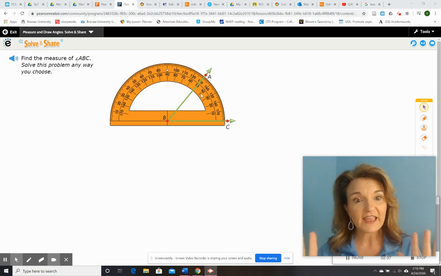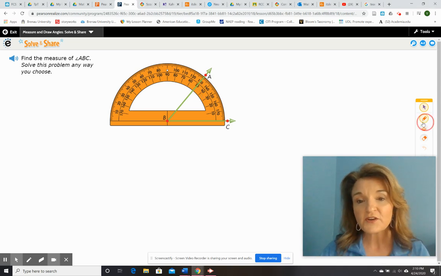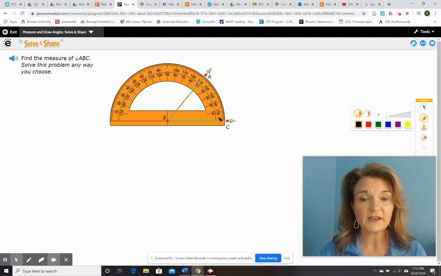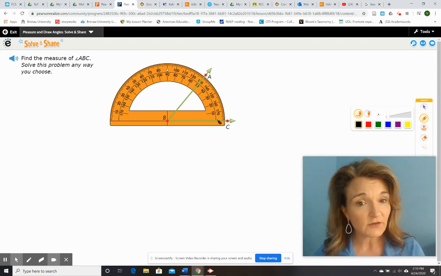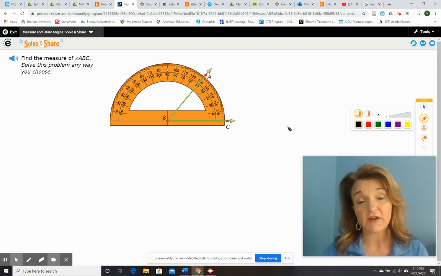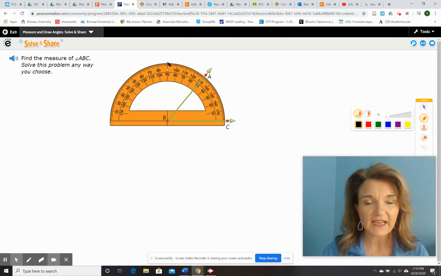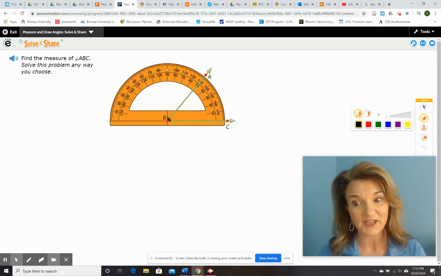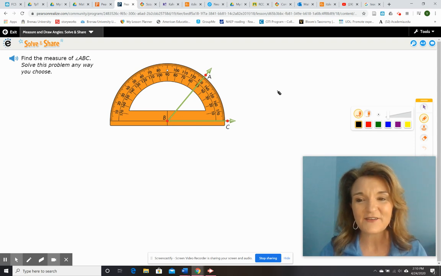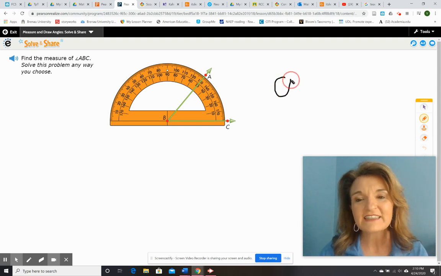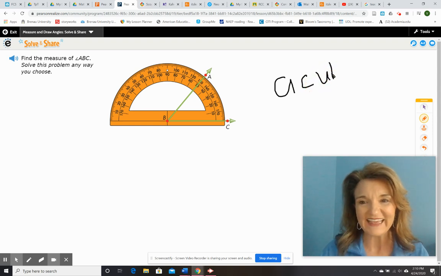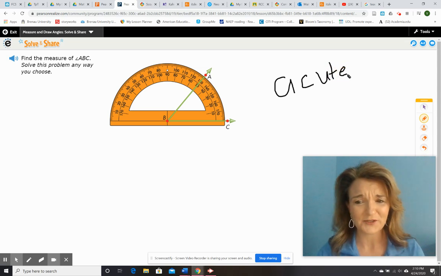So before I even use a protractor, the first step is to determine: is this an acute angle, an obtuse angle, or a right angle? I know that a right angle is a complete square, because we've been talking about that. So I can identify that this angle is an acute angle. Oh, I love those cute little angles.